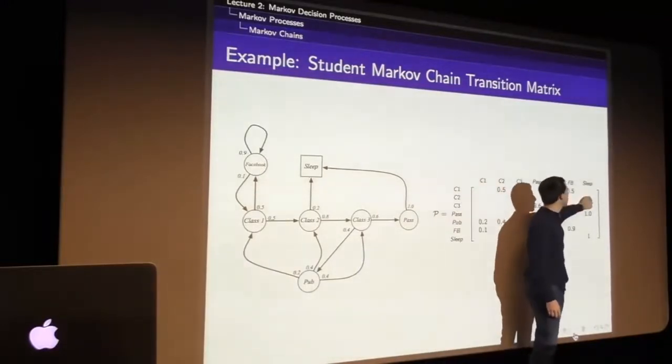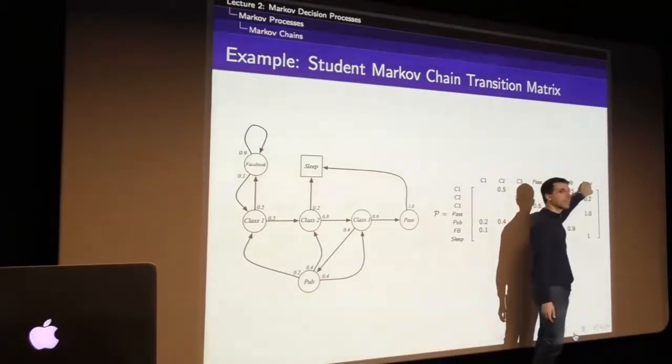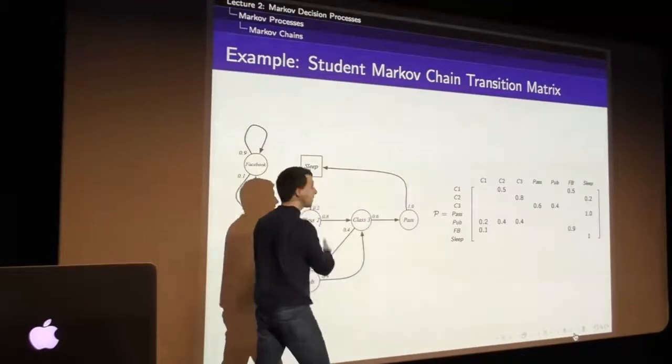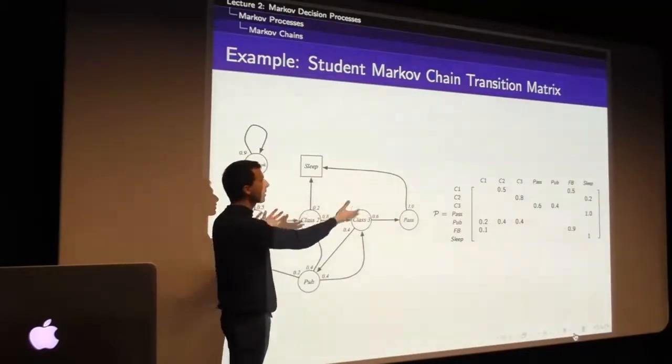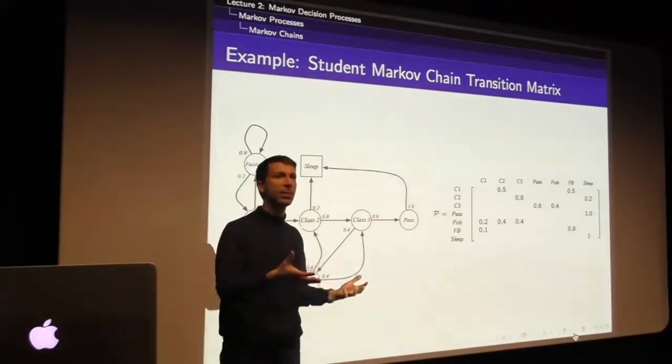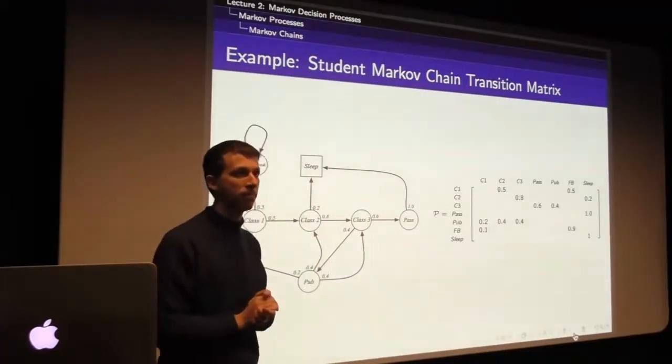But if we go across, there's also a 20% chance of transitioning to the sleep state. And if we look at all of the rows together, that fully describes the entire dynamics of the system. And once we have this matrix, we're able to sample repeatedly from this matrix and get our samples of these sequences of states out of this Markov process.